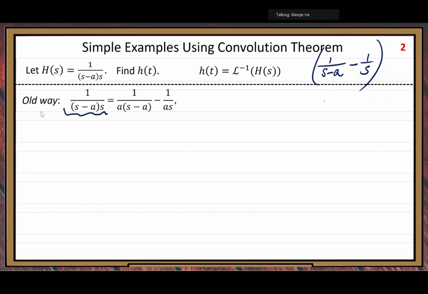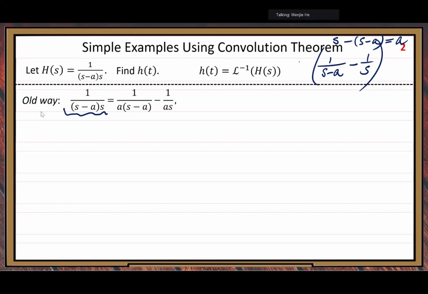But after the split, you need to make an adjustment. You need to do a common denominator. The numerator of the first one is s, then the numerator of the second one minus a, so the numerator part is a, not a 1.